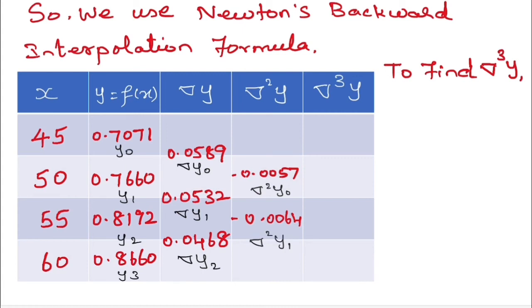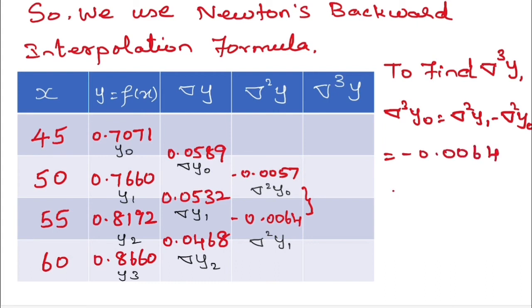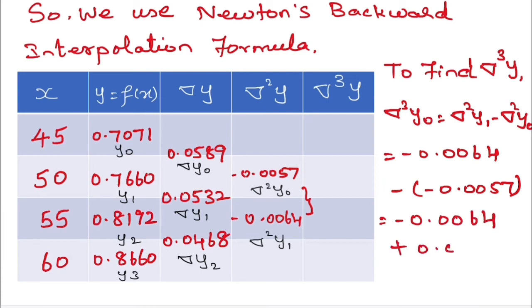Similarly, to find del cube y0, it is equal to del square y1 minus del square y0. So that is minus 0.0064 minus of minus 0.0057, which is minus 0.0064 plus 0.0057.